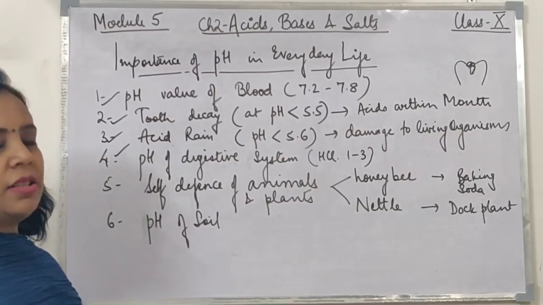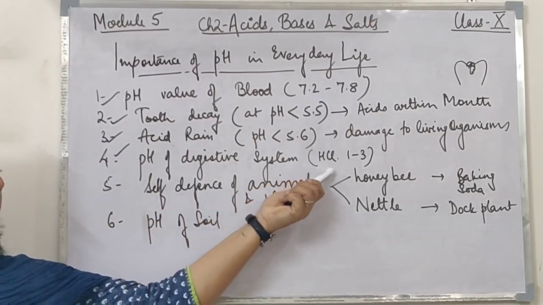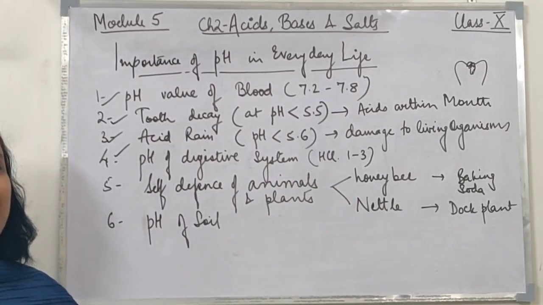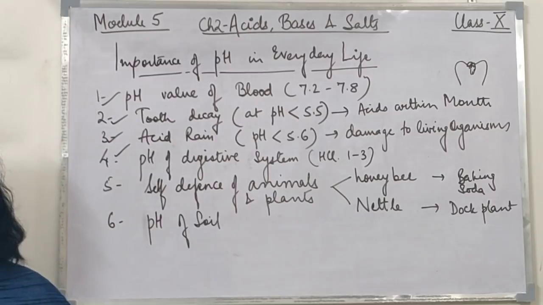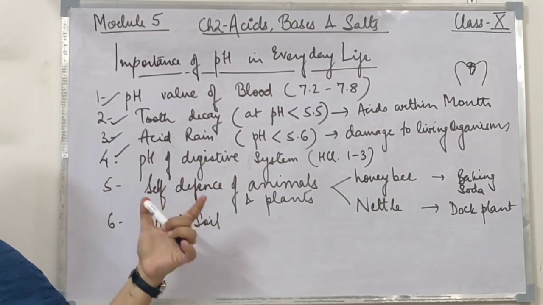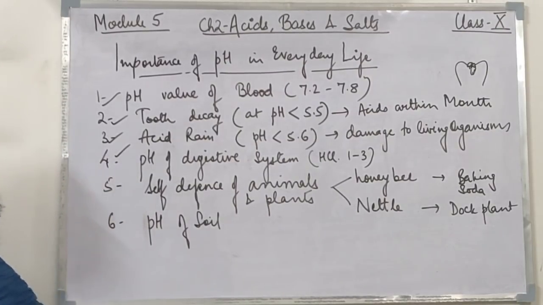That means it is quite a strong acid. This hydrochloric acid helps in destroying the bacteria, and it also helps in the process of digestion. But suppose you eat a lot of spicy food, or you consume too much food.